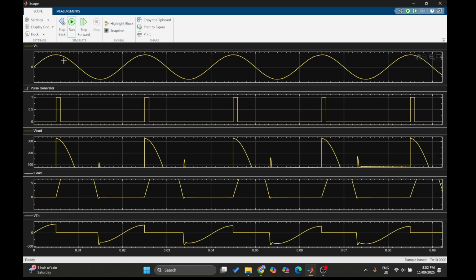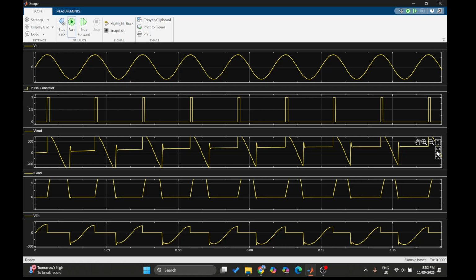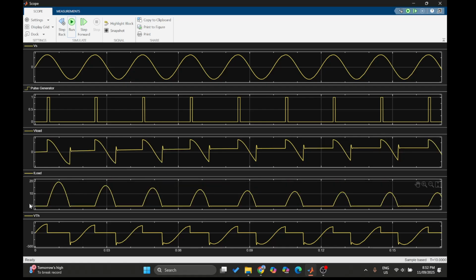From here, this first panel is showing us the source voltage. This one is showing the pulse generator. This one is showing the voltage across the load. Then this is showing the IDC, and this one is the voltage across the thyristor.